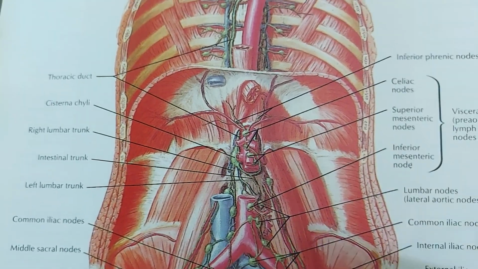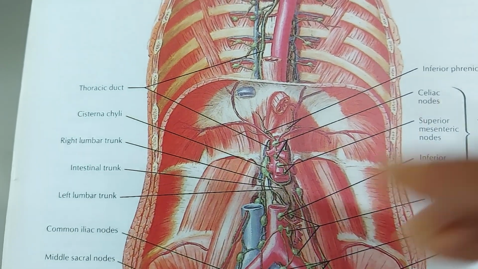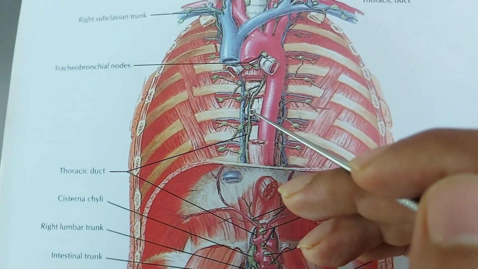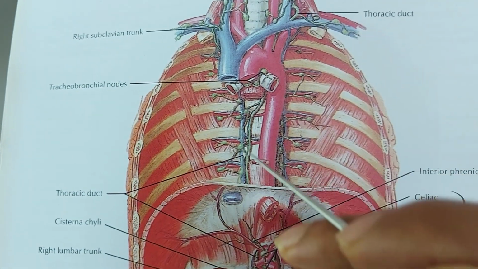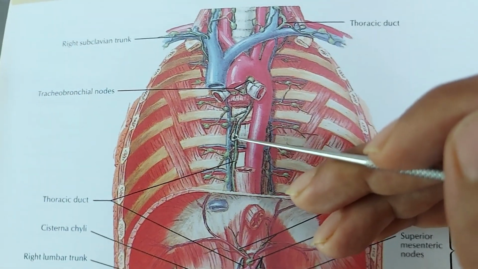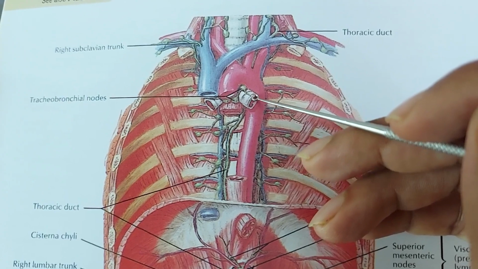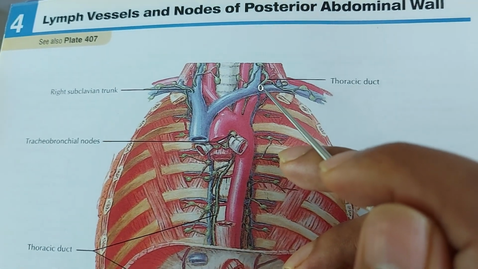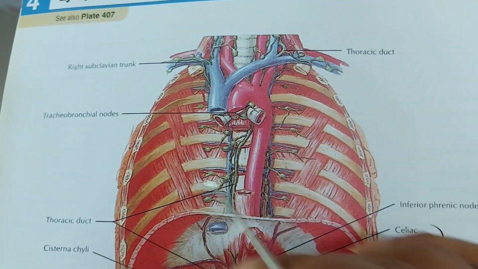After forming the cisterna chyli, this lymph duct enters into the thorax, named the thoracic duct, and remains on the right side of the midline, and they finally cross the midline and end up in the left subclavian vein and finally drain into the heart.